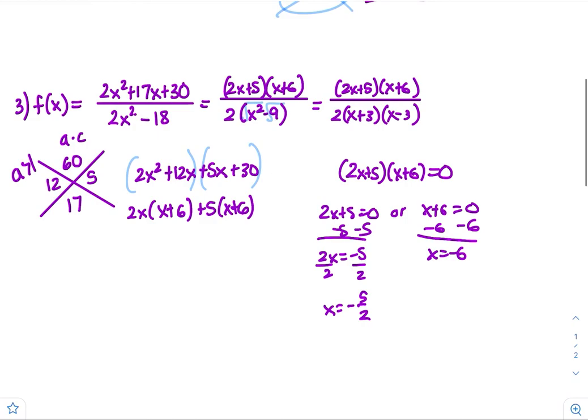So our x-intercepts are negative 5 halves, comma 0, and negative 6, comma 0. So again, factor out everything, cancel everything, and then set the numerator equal to 0. Just remember, if you have holes and x-intercepts at the same location, you're not going to have any x-intercepts there.